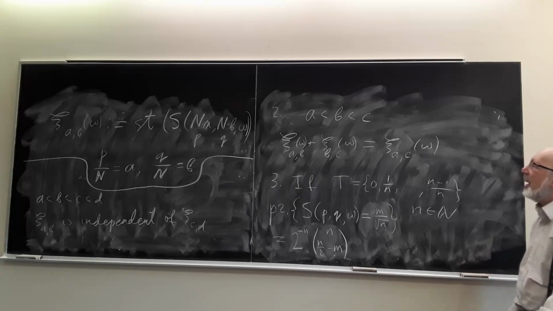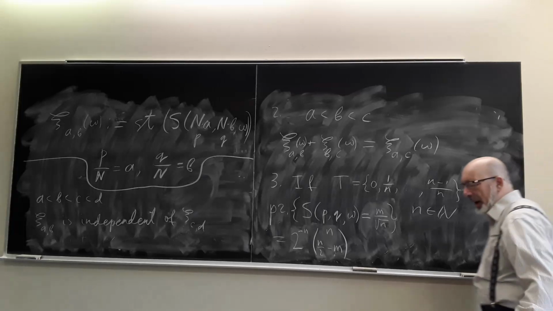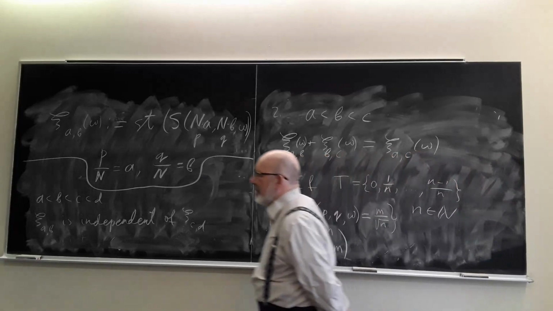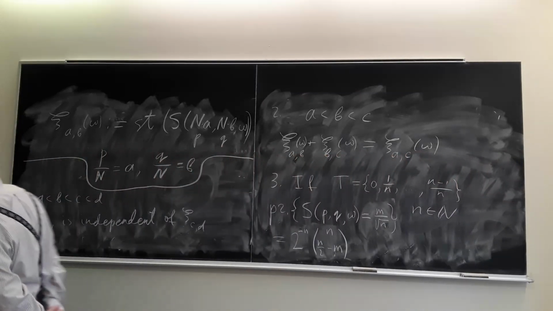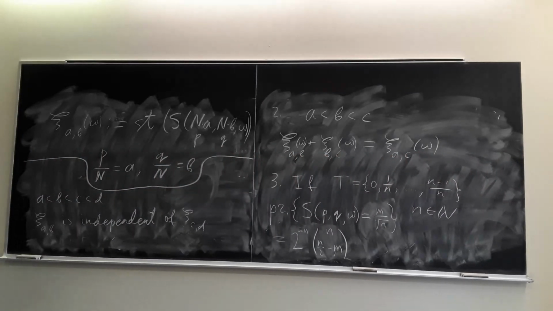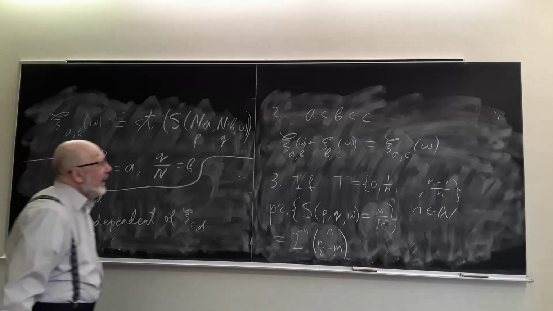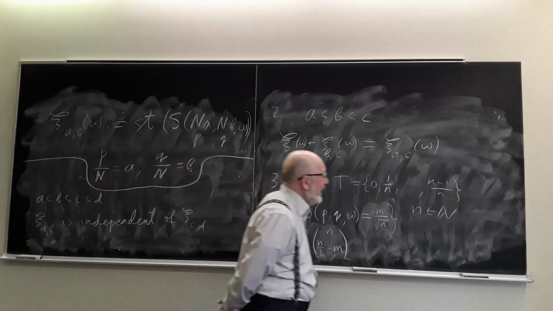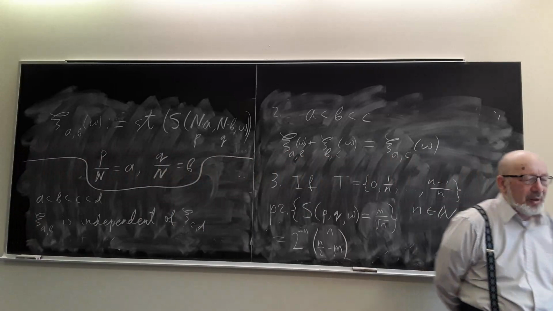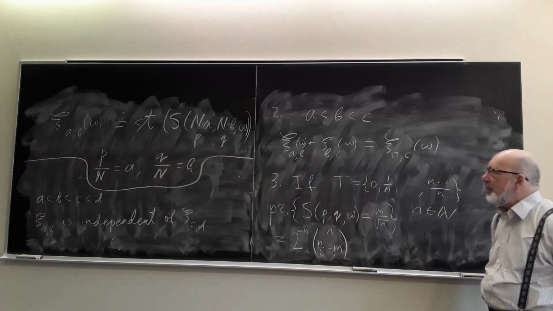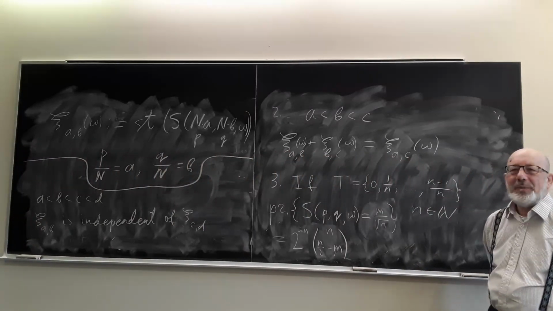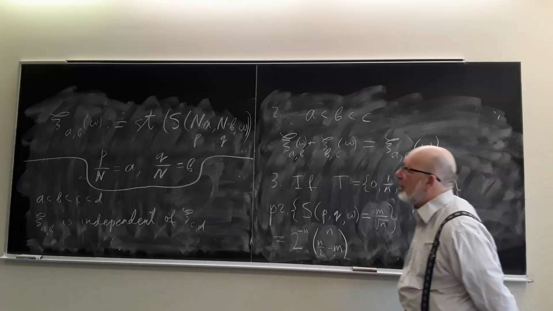That's it. So this way we constructed the system of these random values, and in fact it is done for A and B rational.